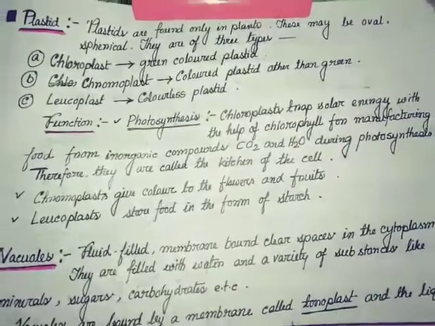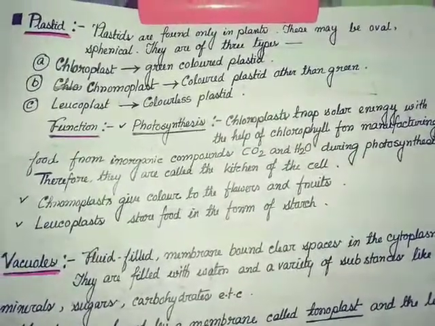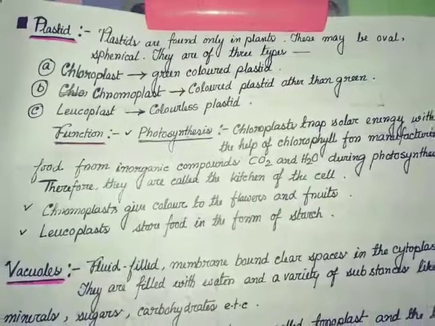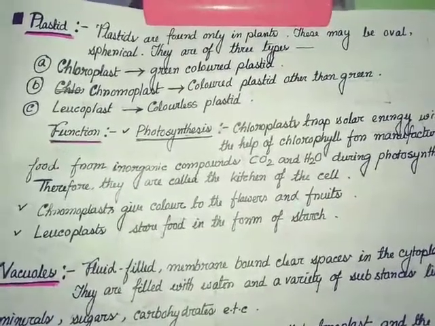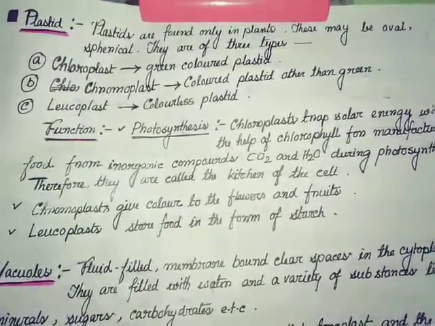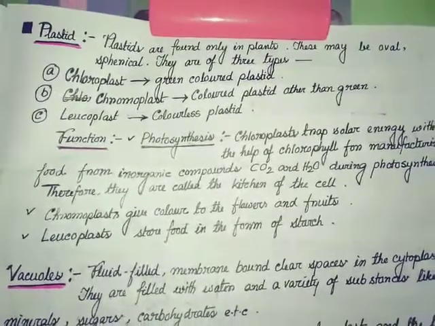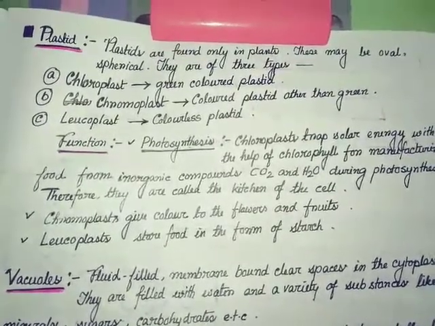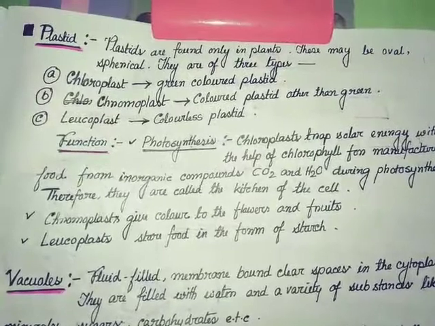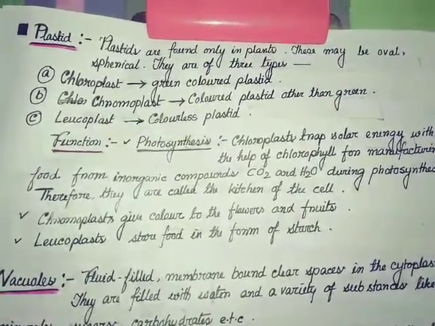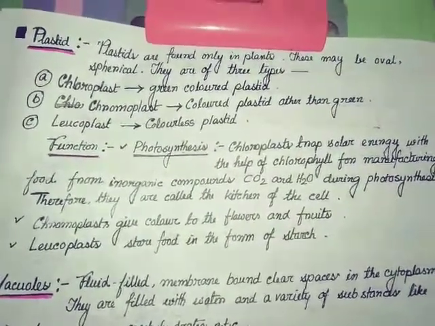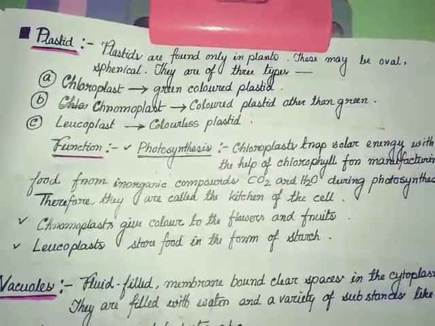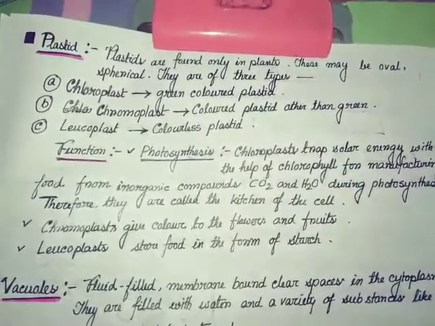Chromoplasts, other than the green plastids, are the colorful plastids. They give color to the fruits and flowers. They contain yellow, orange and red pigments and are mostly present in the petals of flowers and fruits. The pigments present in them are xanthophyll and carotene.